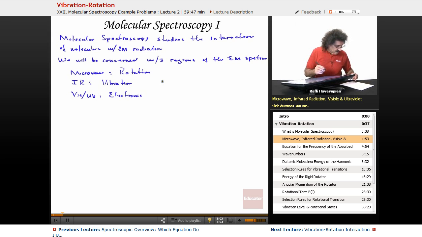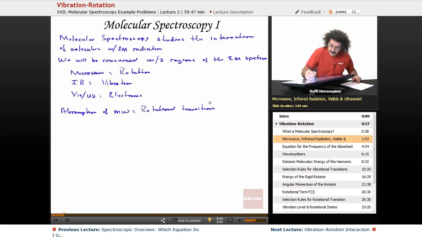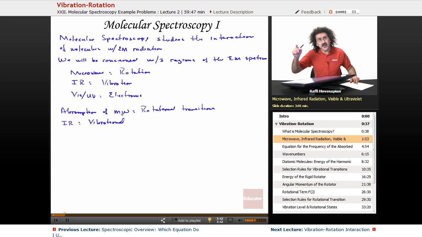So the absorption of microwave radiation, as we just said, gives rotational transitions. Now, in the IR, not only do we have vibrational transitions, but accompanying those vibrational transitions, there are also rotational transitions.